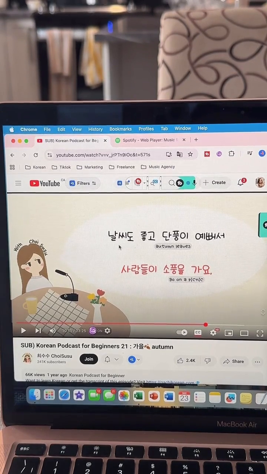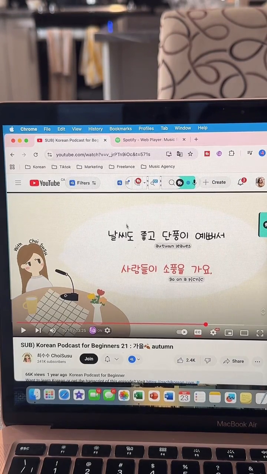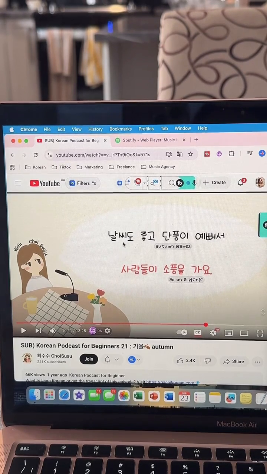So 날씨, does any of you guys remember the meaning behind 날씨? Comment down below if you remember what 날씨 means. I was about to give you a hint, but I'm pretty sure you guys will be able to guess the meaning behind 날씨. And also if you want to translate what the 도 adds to 날씨, comment down below. I'm going to give you the answer very soon, so try and guess what 날씨 or 날씨도 would mean.